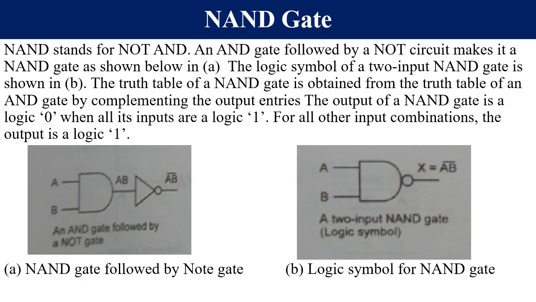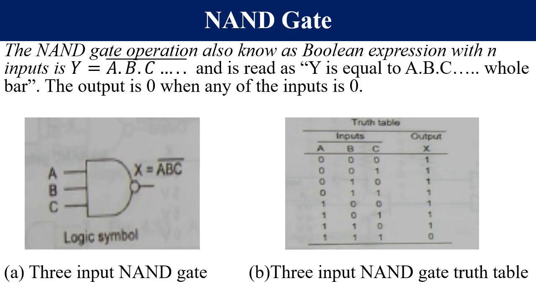The output of a NAND gate is a logic 0 when all its inputs are 1. Let's have a look at the truth table of a NAND gate and also the Boolean expression. The NAND gate operation, also known as the Boolean expression, is Y is equal to A and B and C bar. And this is read as Y is equal to A and B and C whole bar.